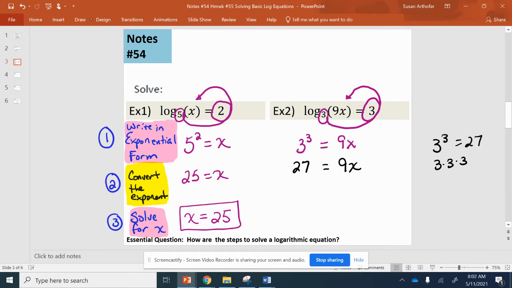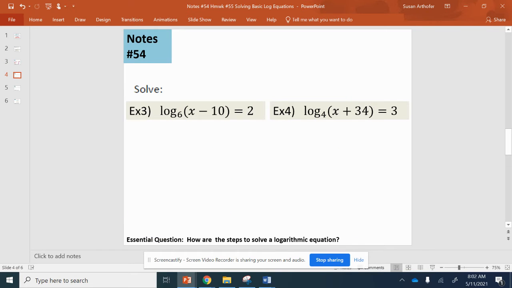Now we're going to solve for x. We're going to divide both sides by 9. So 27 divided by 9 is 3. And then just write our answer properly. x is equal to 3. Hit pause if you need a moment.